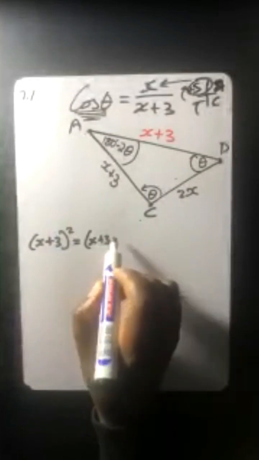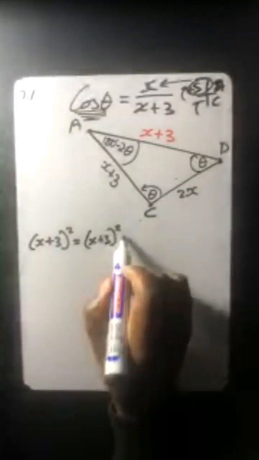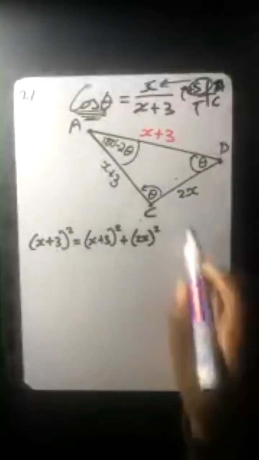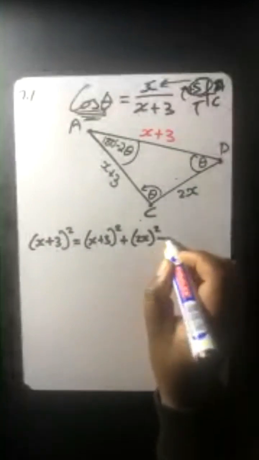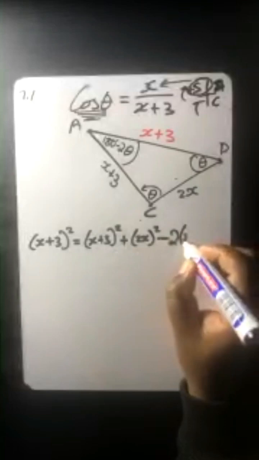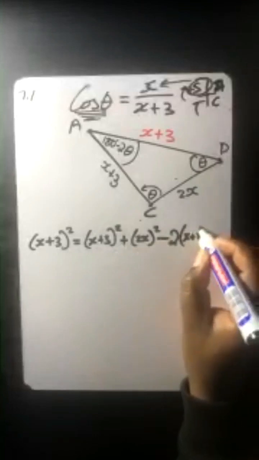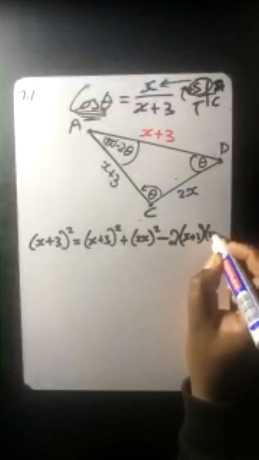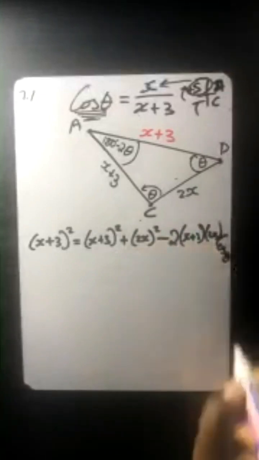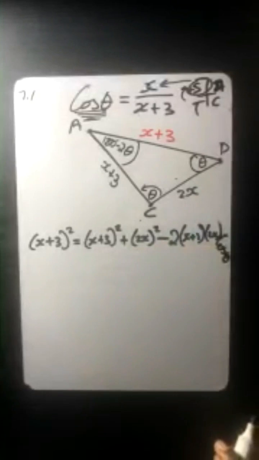It's still x plus 3 squared. You plus it with this side squared. Remember, inside the brackets, both 2 and that. Then you know you minus 2 of the same thing. So you are actually minusing x plus 3, and you are also minusing 2x. And this is therefore going to be cos of an angle.